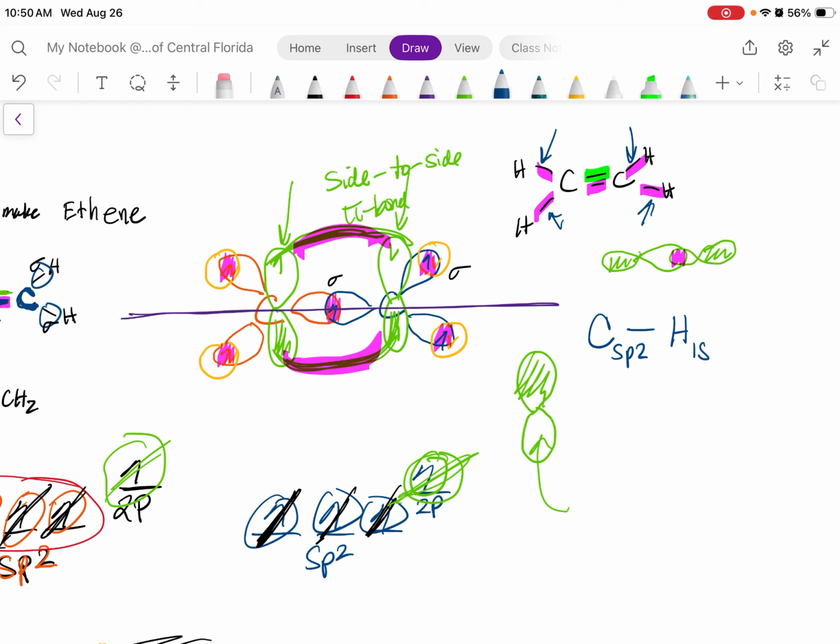Now, how would you describe the bonding for this area between the two carbons? Well, that's going to have two components now. We're going to have the orange carbon right here that has an sp2 hybridized orbital. And then we're going to have the blue carbon that also has sp2 hybridized orbitals. And that interaction between the two is right there.